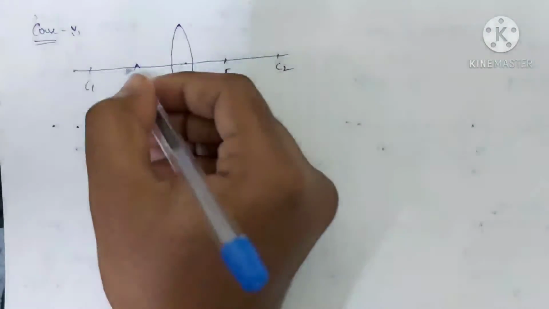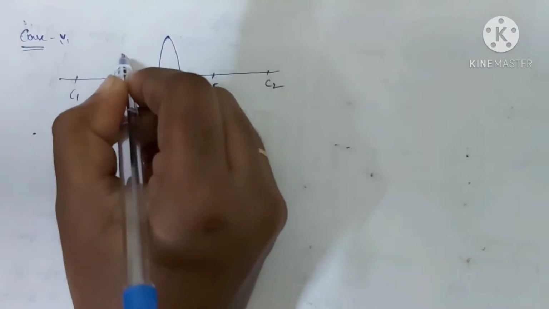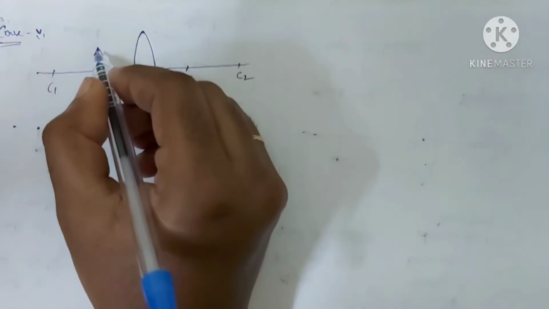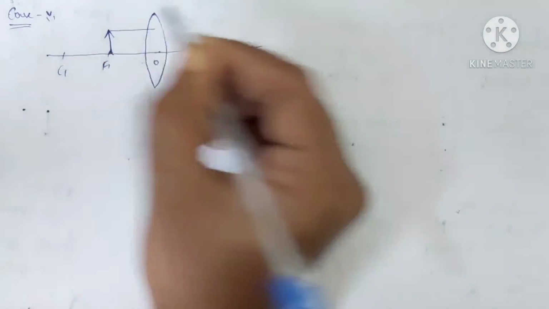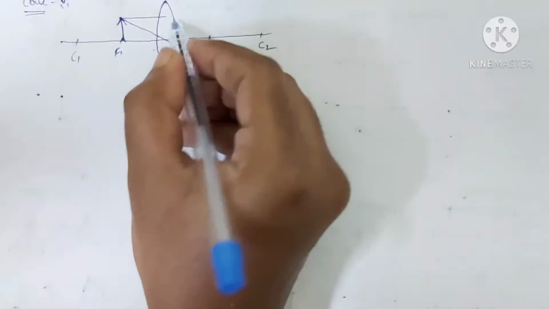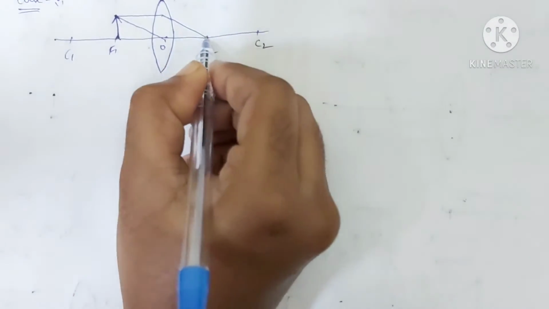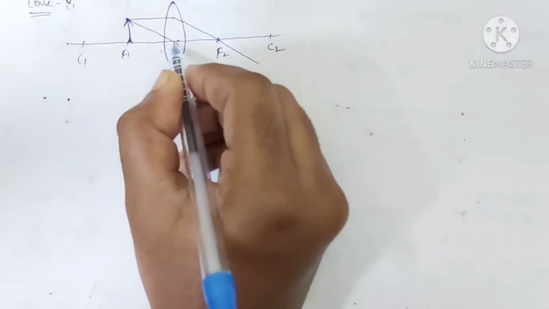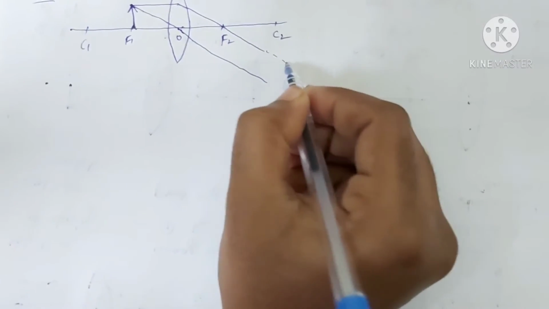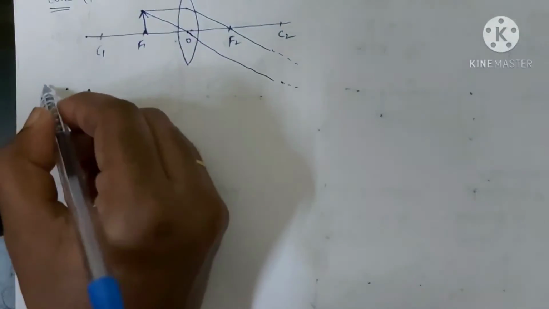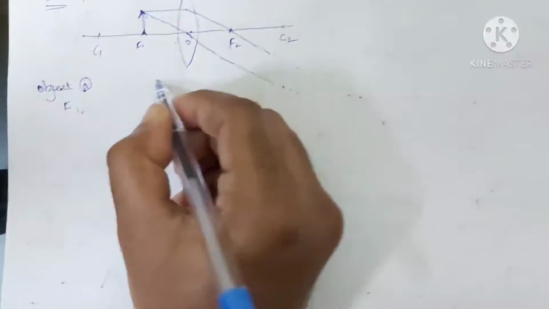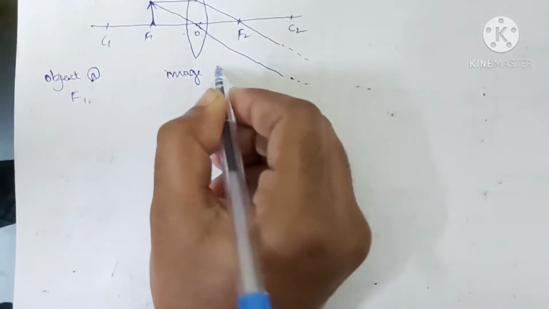Now I bring my object to the point F1. Again we take 2 rays, one of them through the optical center. The rays will go out parallel, so when I place my object at the focus, the image is formed at infinity.